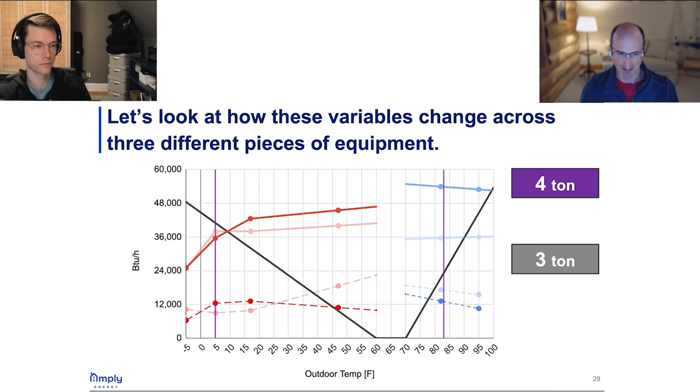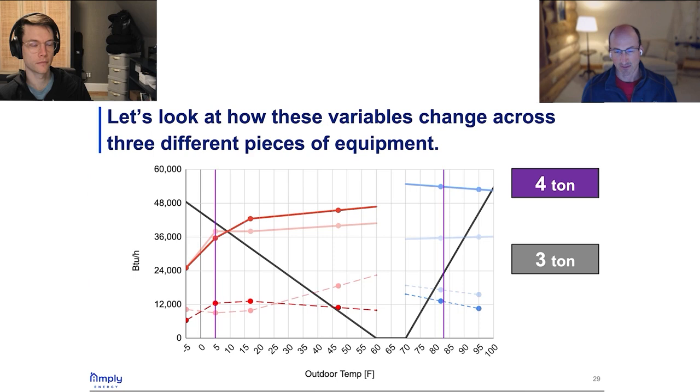It, again, has a very different set of curves, both on the heating side and the cooling side, but in different ways. So this 3-ton unit, confusingly, actually has more heating capacity at 5 degrees Fahrenheit, at design temperature, than my 4-ton unit. But the 4-ton unit at 17 degrees has more capacity than the 3-ton unit.